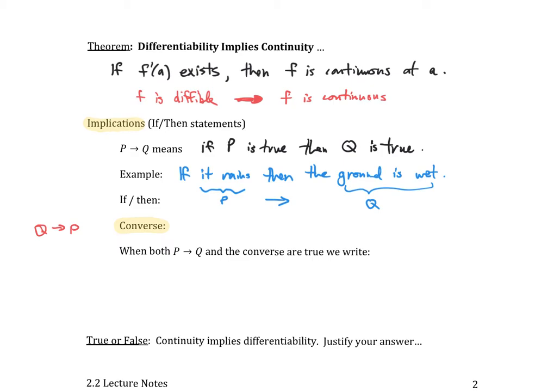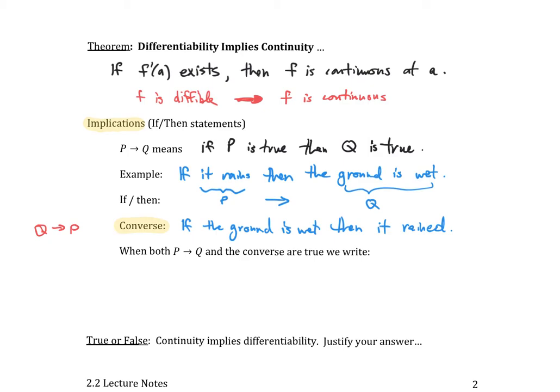So if we looked at our real life example, what would the converse be? The converse would be if the ground is wet, then it rained.